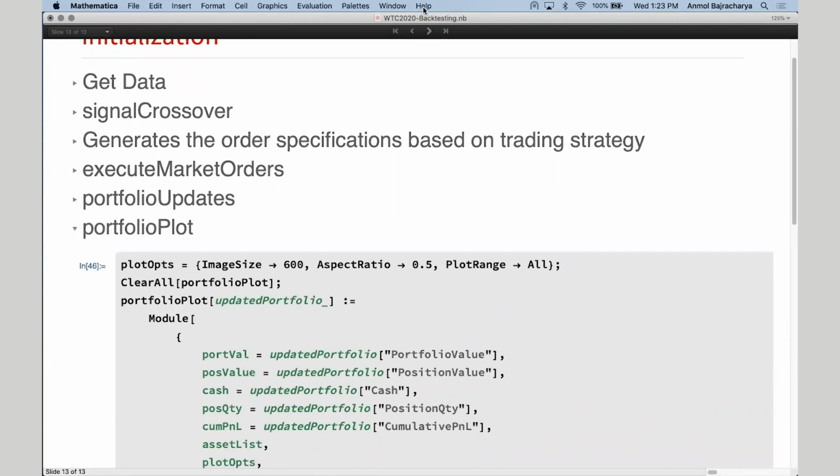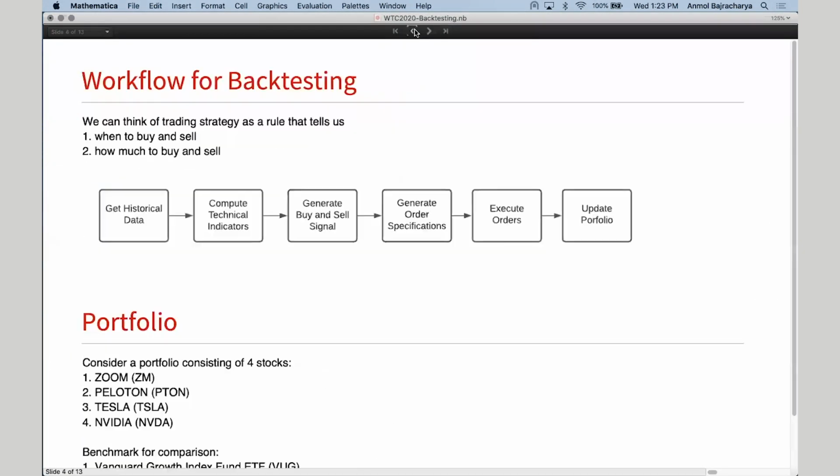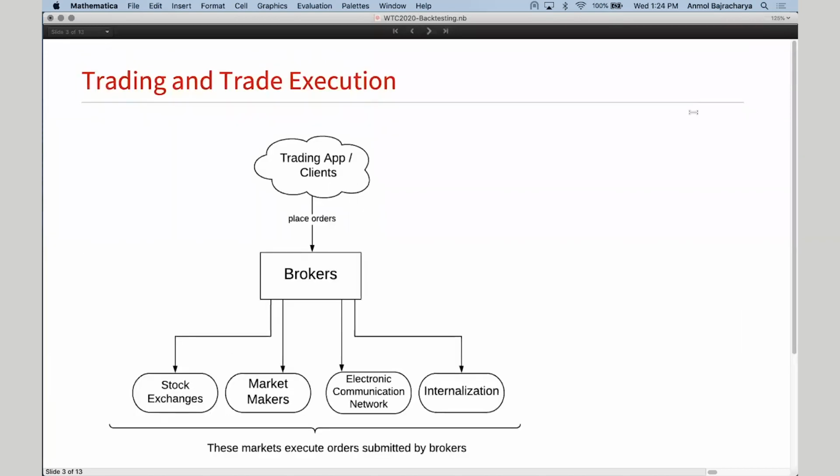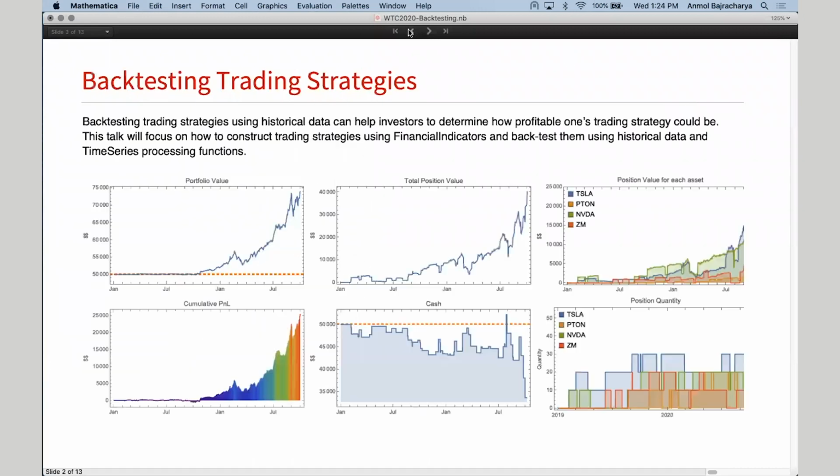Say, for instance, Zoom and Peloton, they just started trading, I think, not too long ago. Maybe last year, but not from January 1st for sure. Yep, I think that ends my talk. And if there are any questions, then feel free to send an email.